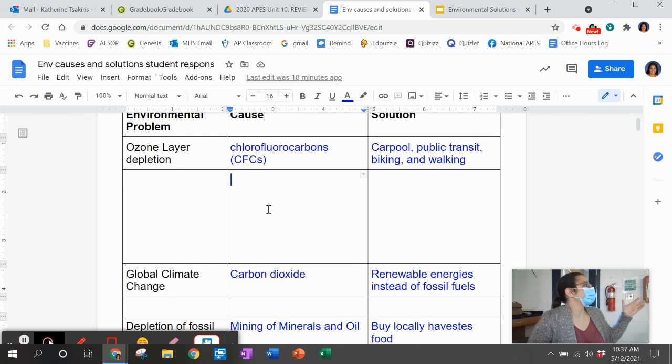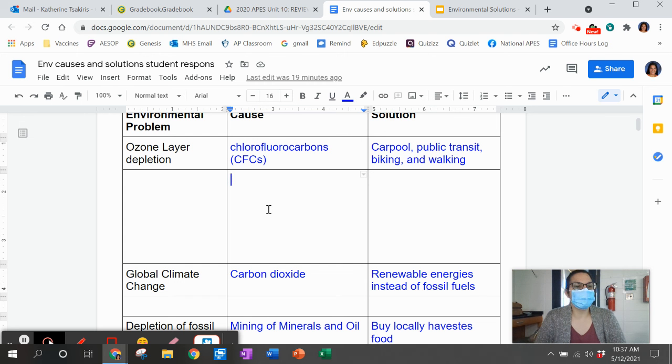So here it says ozone layer depletion. So what's the cause? CFCs. Yes, this person isn't wrong. But if they're saying describe a cause of ozone layer depletion, you're not getting the point. If this was asking just identify one chemical that causes ozone layer depletion, you could get a point for this. But this is just saying ozone layer depletion.